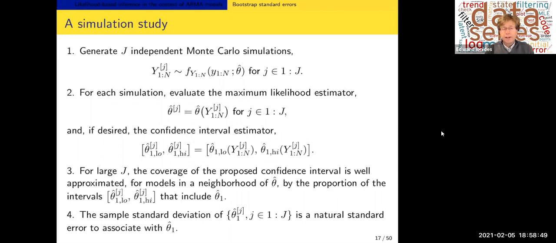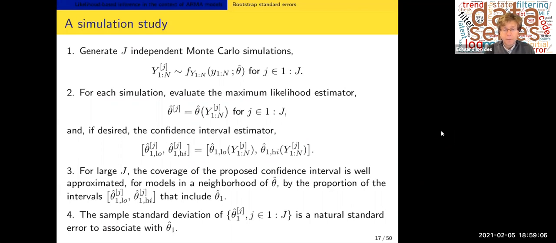And then the spread of these theta hat j's tells us about the spread of the estimator, and therefore the width of the confidence interval we need to allow for that error.